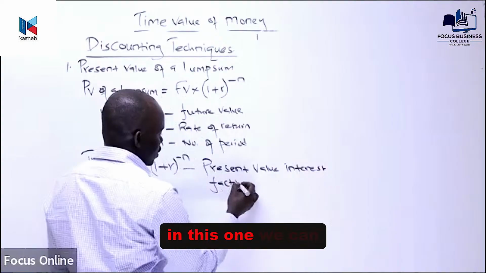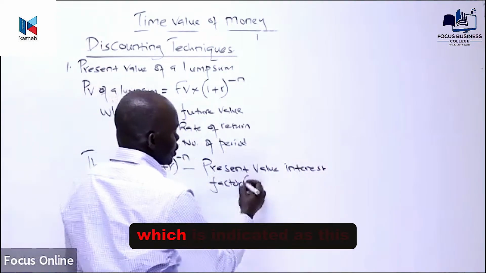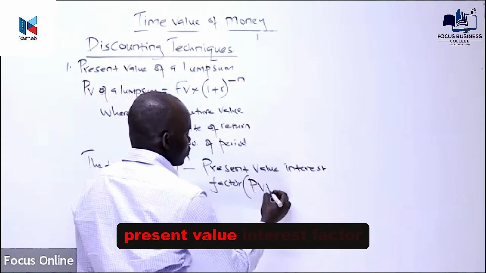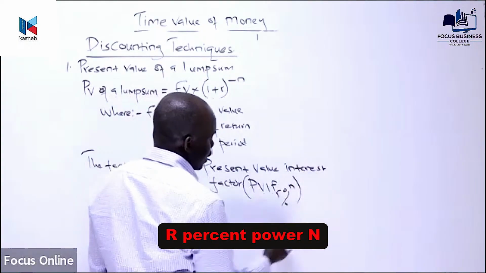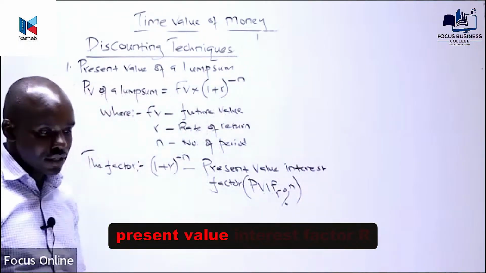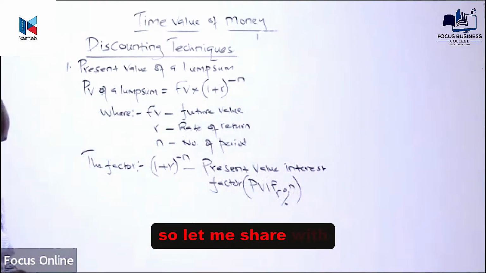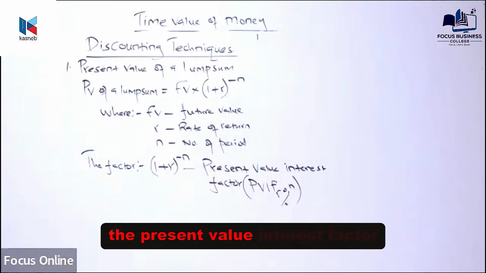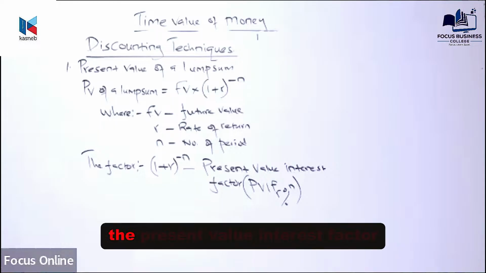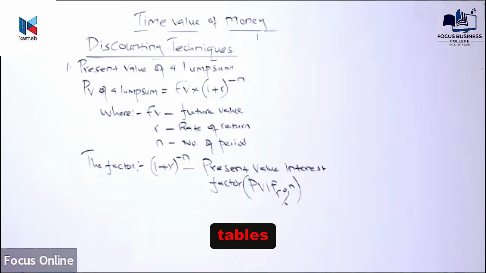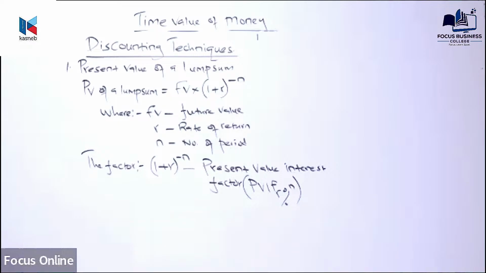In this one, we can read from the tables. So present value interest factor is indicated as PVIF, R percent power n. So let me share with you the present value interest factor tables. Just check in the WhatsApp group.